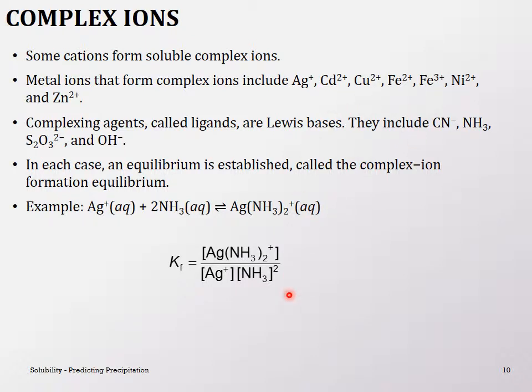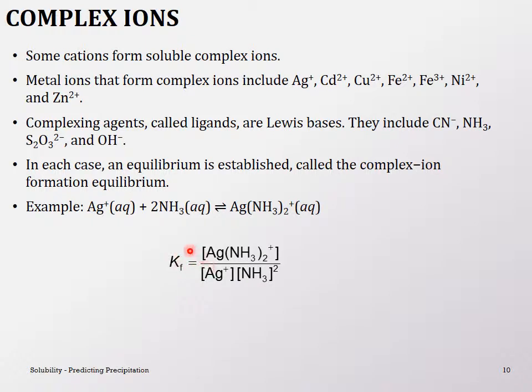That's about it that I will do for complex ions. The nomenclature for complex ions is quite different. How you form them is quite different. How you calculate their formation is very different. Usually we have KSP for solubility product, or Kc for equilibrium constants. Here you have what is called Kf, which is the formation constant.